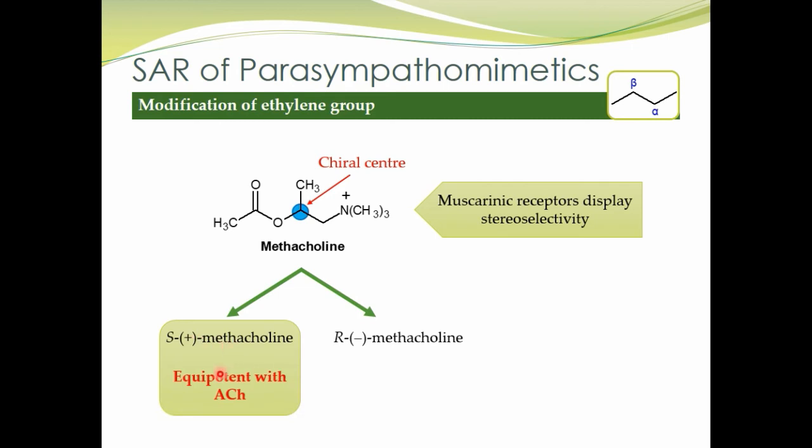S plus methacholine is equivalent to acetylcholine, meaning it has similar activity, but R minus methacholine is 20-fold less, meaning 20 times less active than acetylcholine.